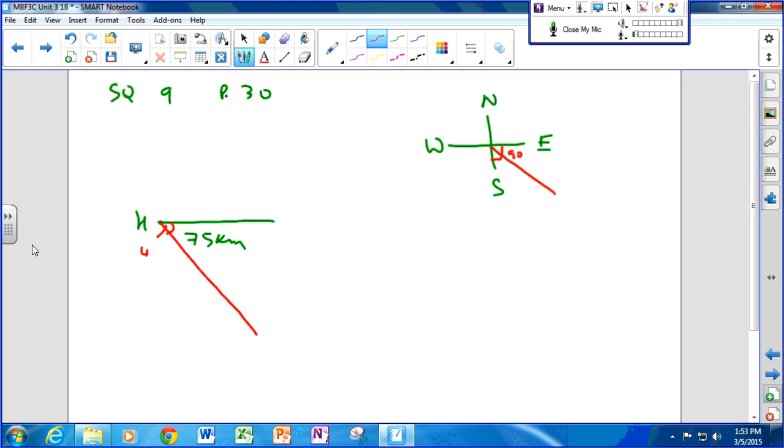You just have to kind of know that, it's just something you have to be familiar with. It doesn't say southeast, it just says 40 degrees southeast. Sorry about that. If it just said southeast, it would be 45. So it's actually giving you that angle right there.